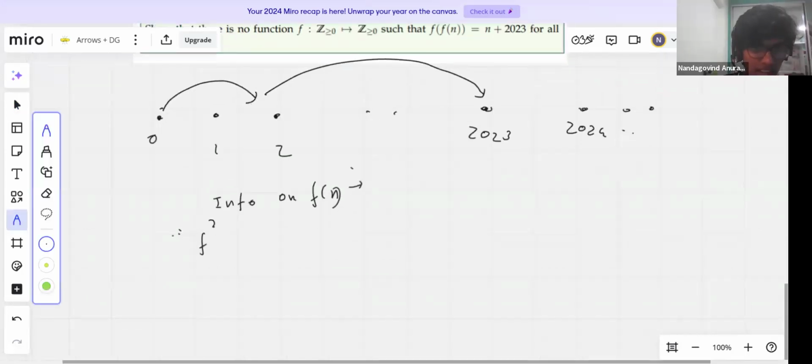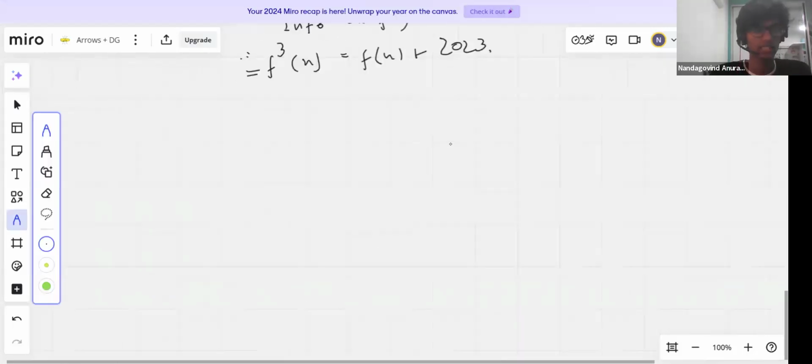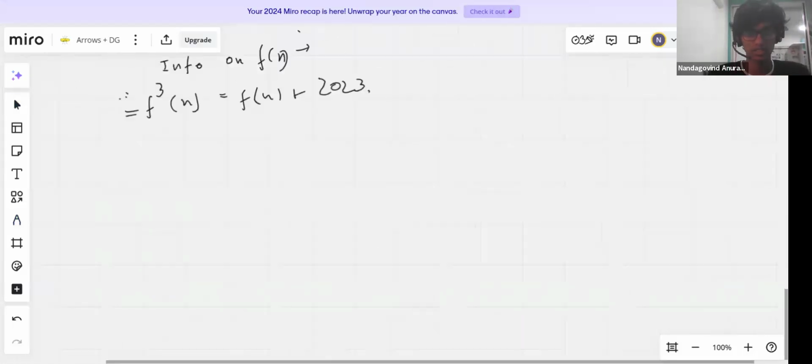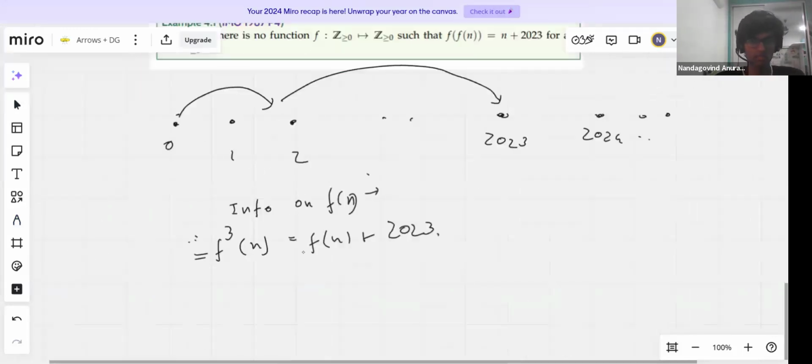Okay, yeah. So f3 of n is equal to f of n plus 2023, right? Okay, but now can you equate f3 of n to something else? Also, if you have done this problem already, I'll just give you the next segment so that you can start working on it. In the meantime, you guys can try to figure out what else f3 of n is equal to.